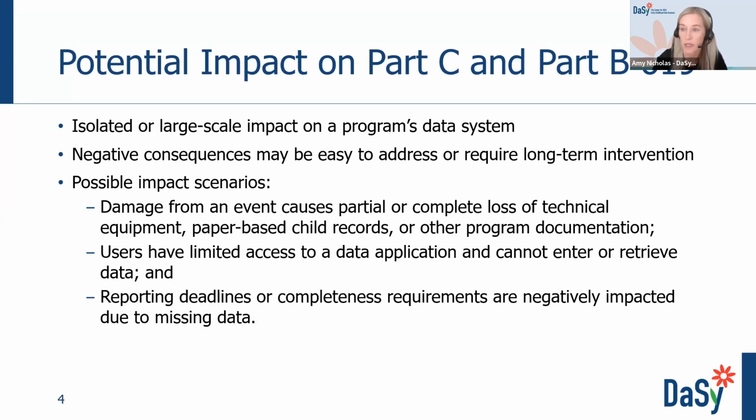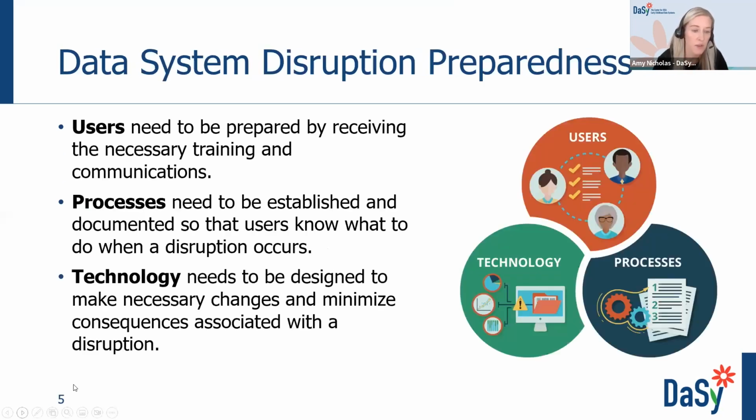They don't have access to information if there are no paper backups, things like that. So just a couple of examples of different types of impact. It's hard to say that these disruptions always cause the same type of impact, because they vary so much in nature.